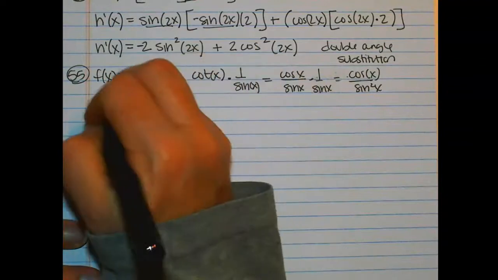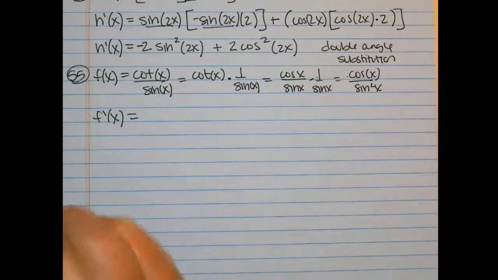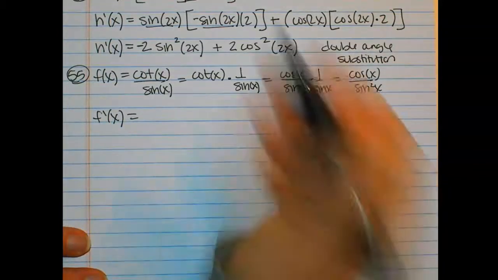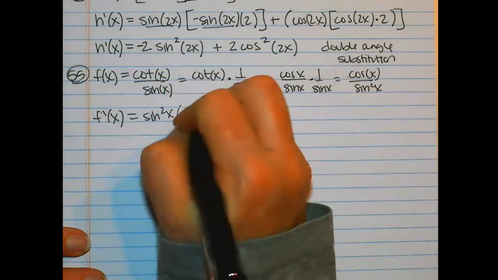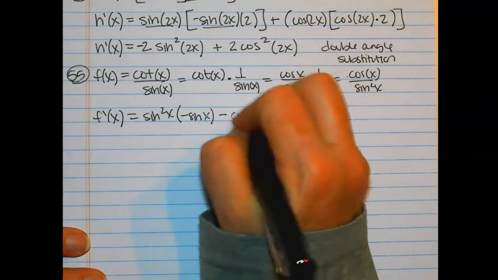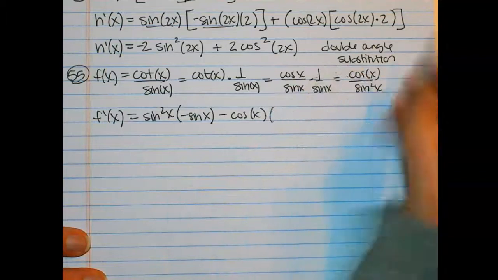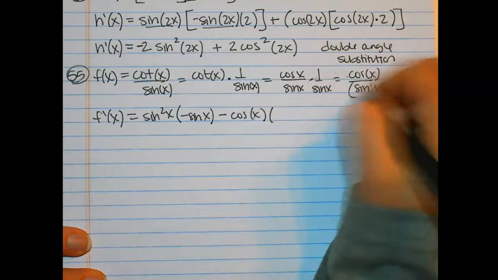So when I take the derivative f prime of x, I want to do quotient rule. So I'm going to say bottom times the derivative of the top, which is negative sine, minus the top times the derivative of the bottom. If you want to see it easier, maybe write it like this.